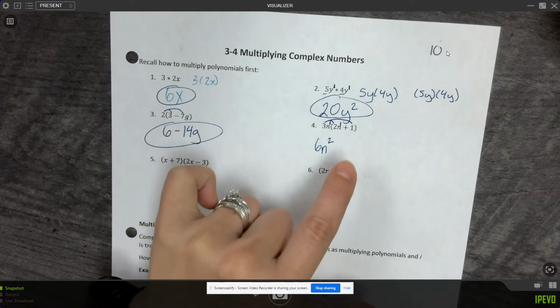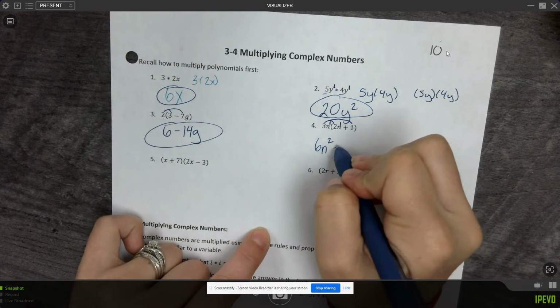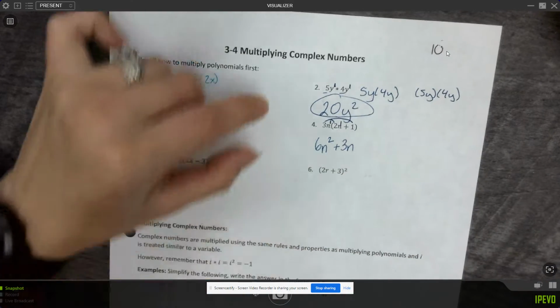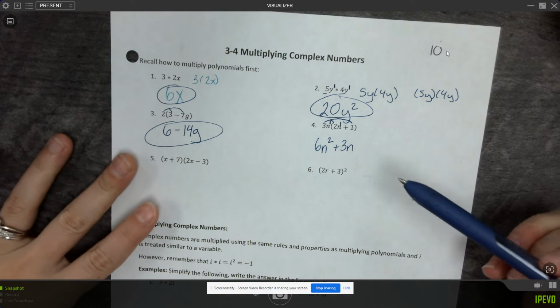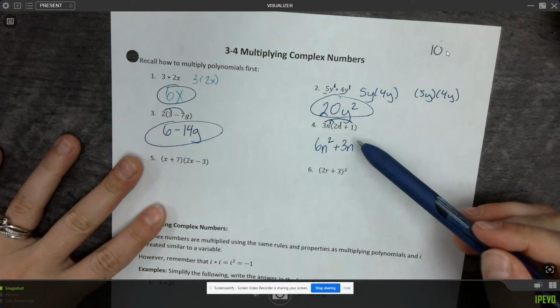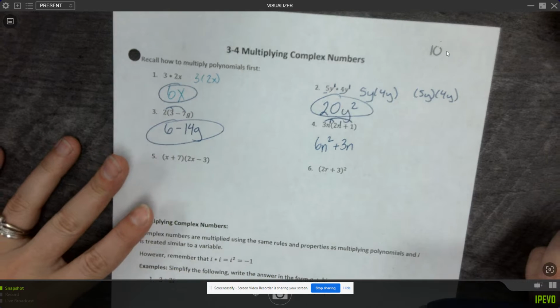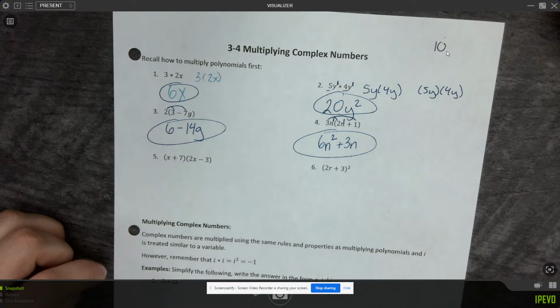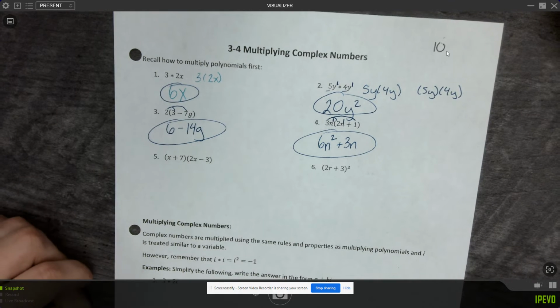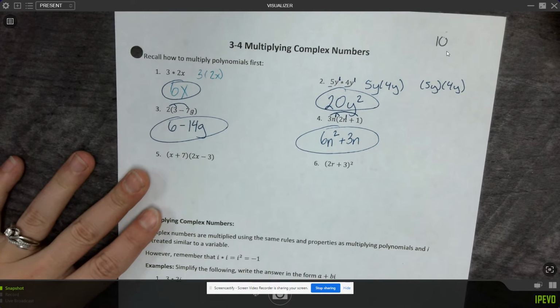And then 3n times 1 is 3n, because 1 and none makes 1. Optional, up to you if you want to put the 1 on there, or you don't have to, personal choice. In either case, that would be your answer. Those are not like terms, so you're not going to combine them. 6n squared plus 3n is your answer.